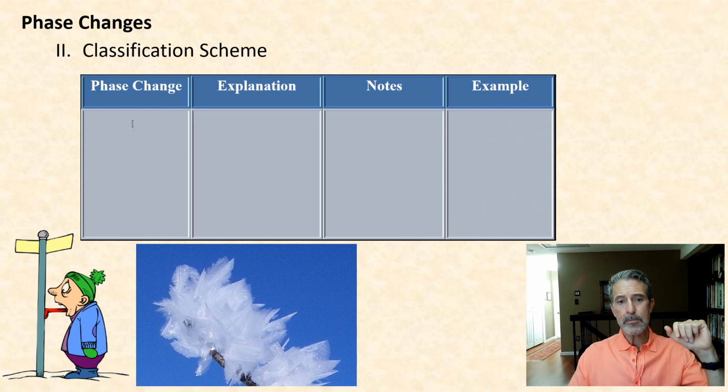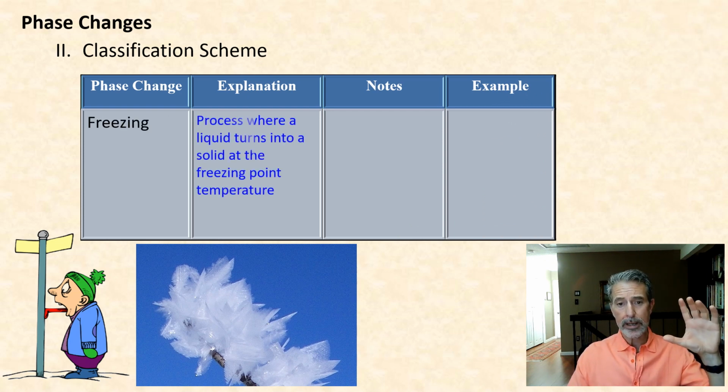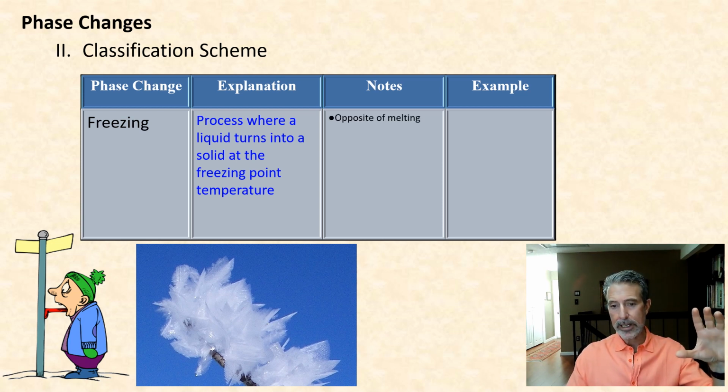And lastly, the process that we call freezing is the process whereby a liquid turns into a solid at the freezing point temperature. Freezing is really the opposite of melting. Remember we just said that melting is the process whereby a solid turns into a liquid at the melting point temperature.